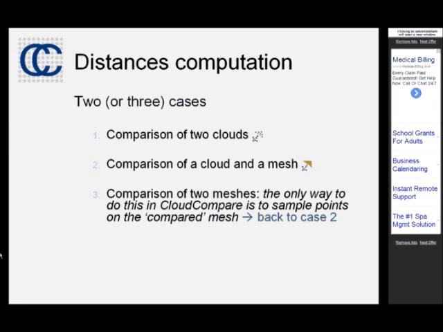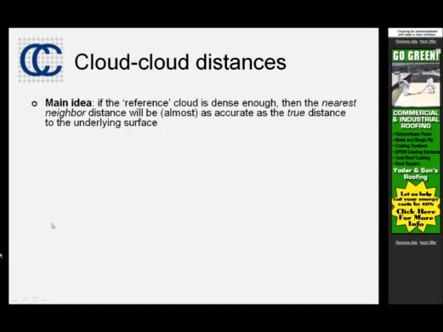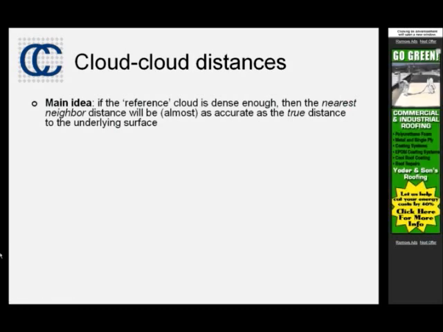About the cloud-to-cloud distances, as I told during the introduction, the main idea was to avoid computing a mesh. And the idea is that if the reference cloud is dense enough, computing the distance between the compared cloud and this dense reference cloud is almost as accurate as computing the distance between the compared cloud and the true underlying surface represented by the reference cloud.